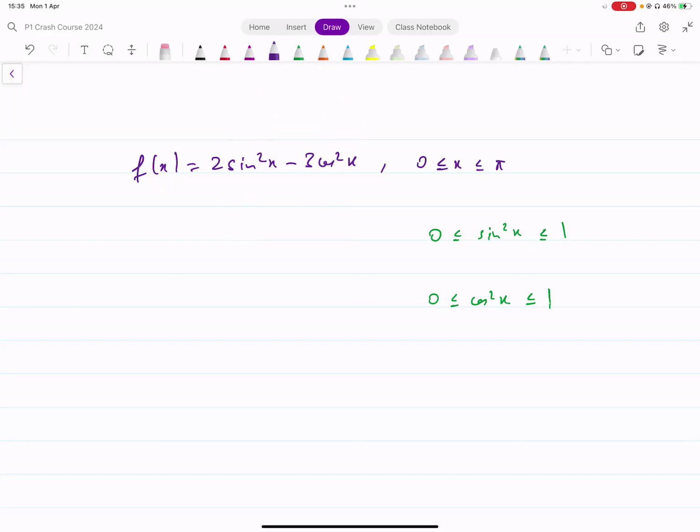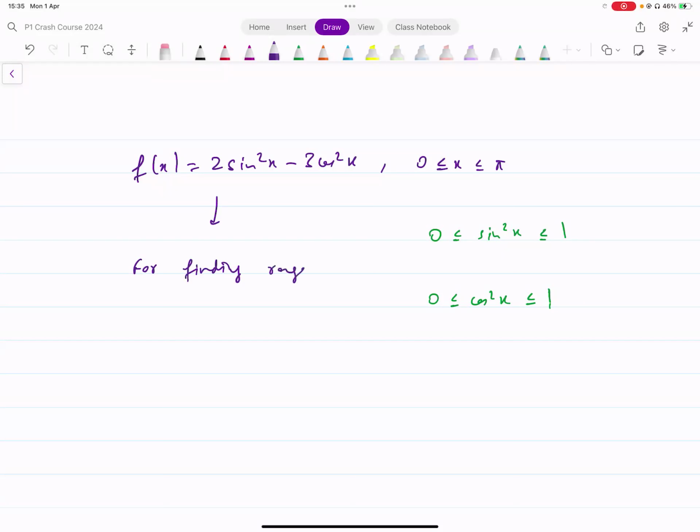So whenever we have to find the range of such functions, we always have to convert the function to a single function. You either convert it to sine square or cos square. Let me write that down here.